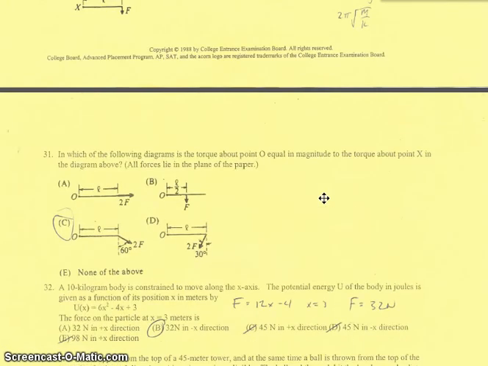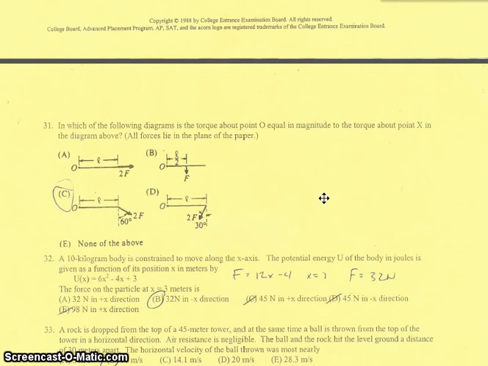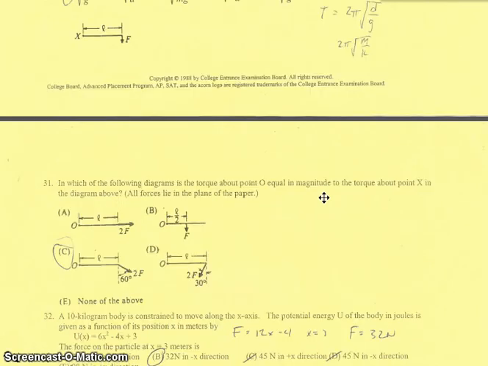Okay. Moving on to 31. We have this picture up here, and this is our original moment arm. So in other words, our distance that we are away from our point of rotation by that force. And they're looking for one that's going to be equivalent to that. And so I have to just look at the way these forces are. This force is going the wrong direction, and this force has moved in some, and the distance has changed, but they left it at the same force.